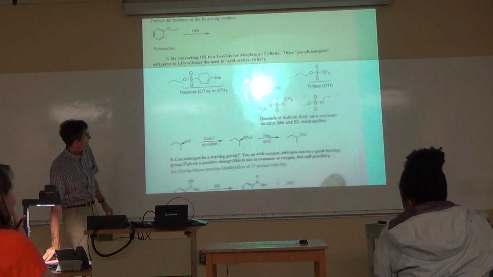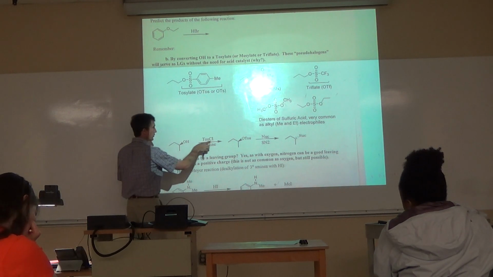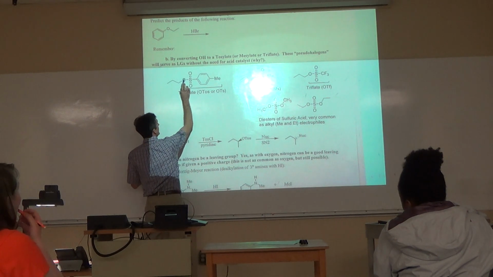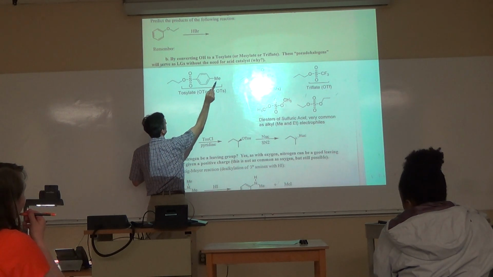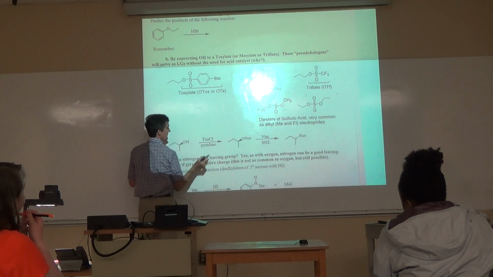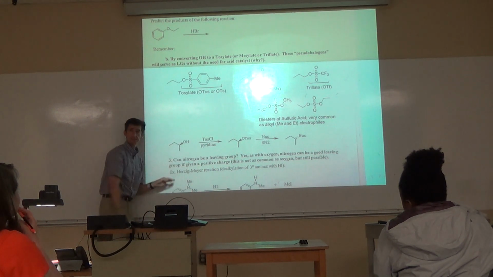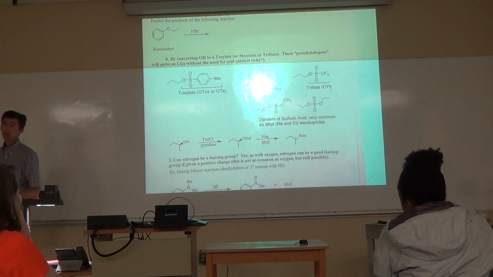How do you make tosylates? You make them from tosyl chloride. Now this is O-tos, because the oxygen is there. Tos would just be toluene sulfonyl. And by the way, I always say TOS, so I can say O-tos.